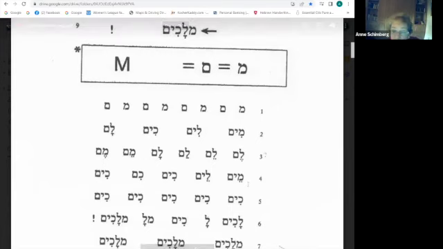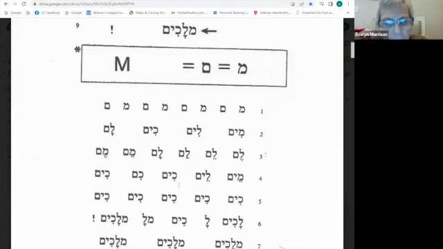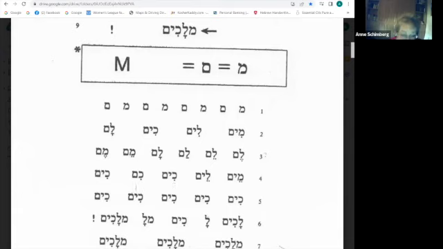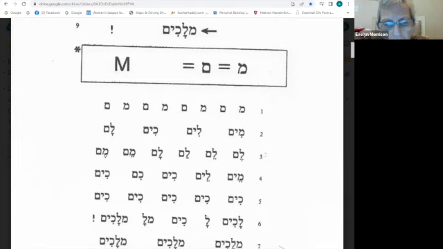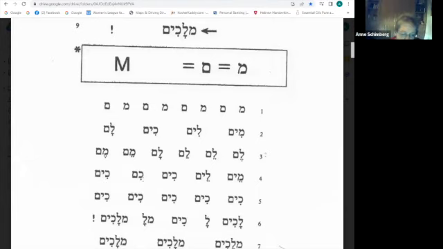Line 4. Okay, Evelyn, line 4. Lame, chaim, no, 1 dot. Chim. Good. Is this a shorter E sound than the last one? No. It's the same double E sound.